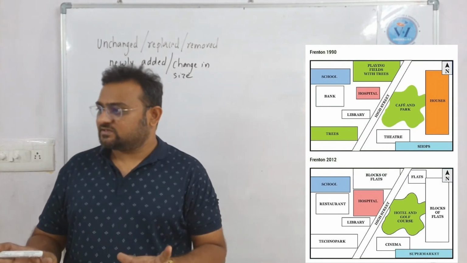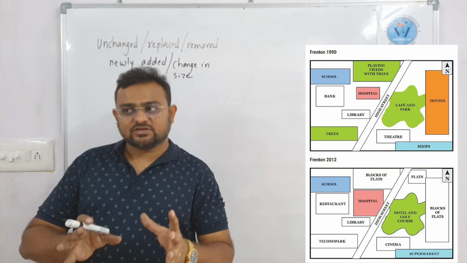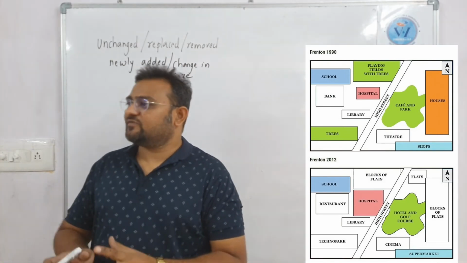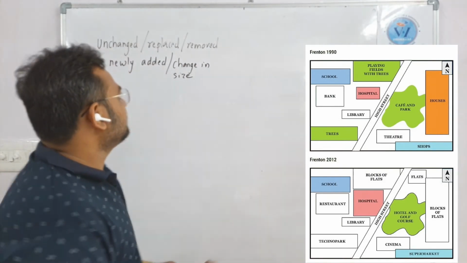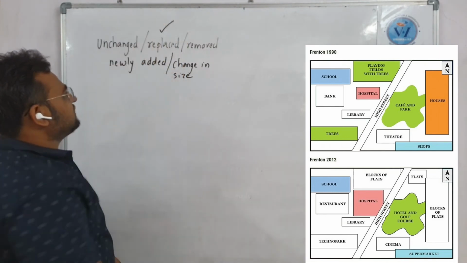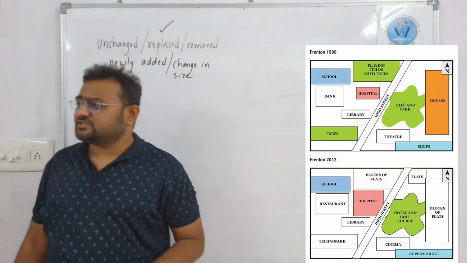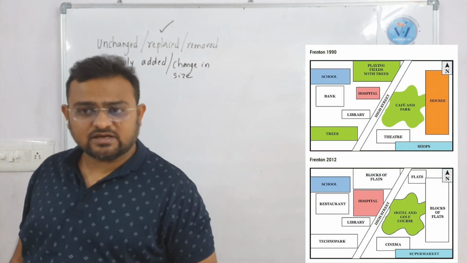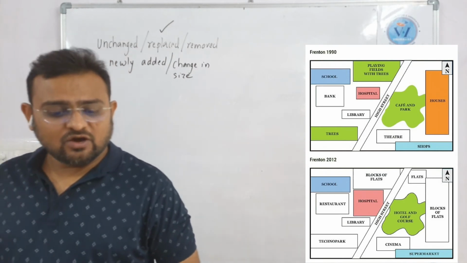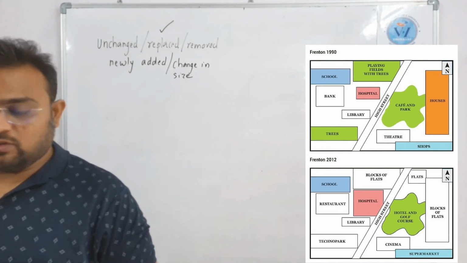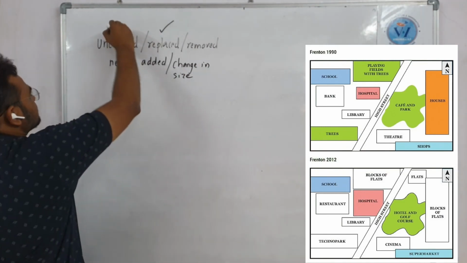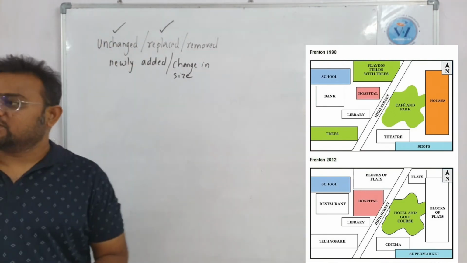So we will divide into two parts. One which are replaced on the west side and other which are replaced on the east side. So this we can see. Now find out, is there anything unchanged? Yes, library, hospital, school. So this is unchanged.